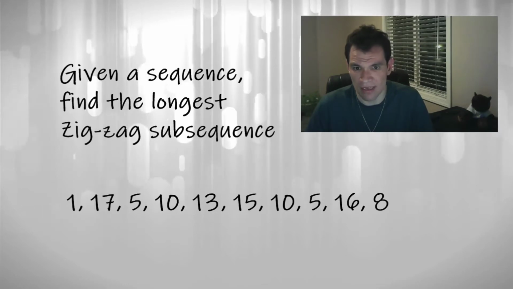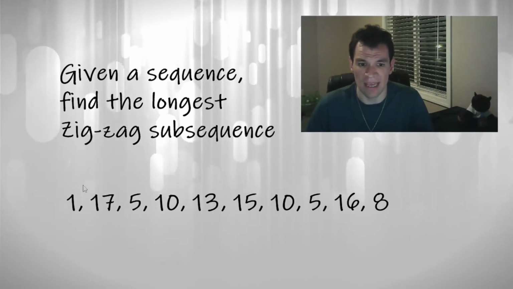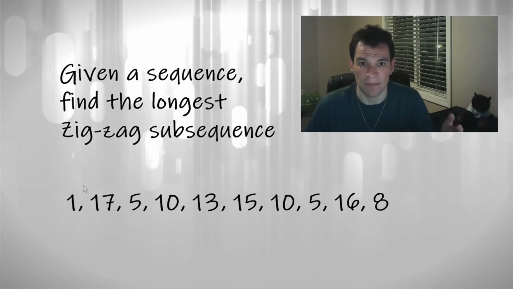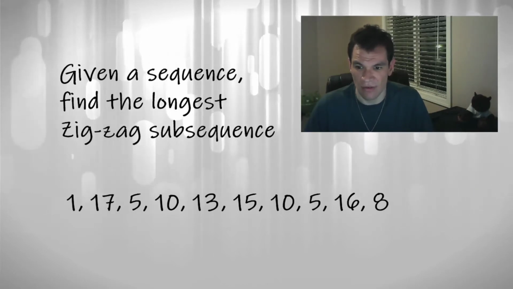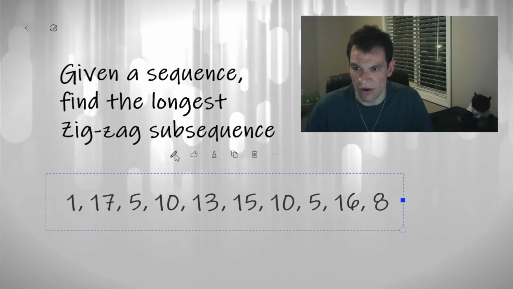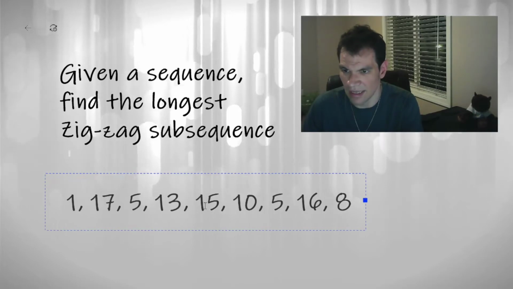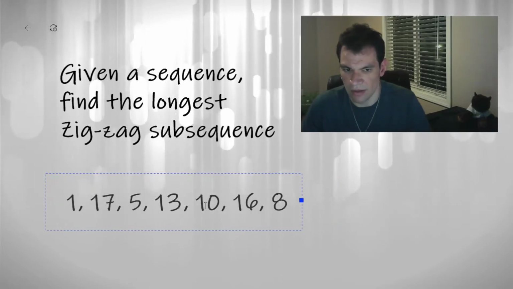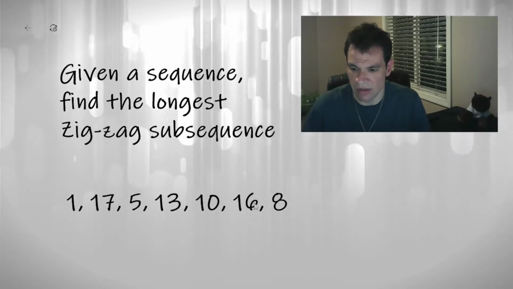A subsequence is a sequence that can be obtained by erasing or deleting some of the elements of the original sequence. For example, this is the original sequence, and if we delete these three numbers, what is remaining here is a subsequence.